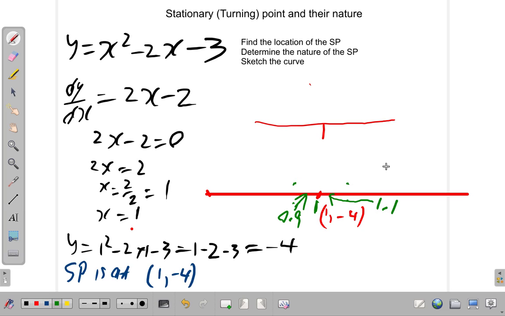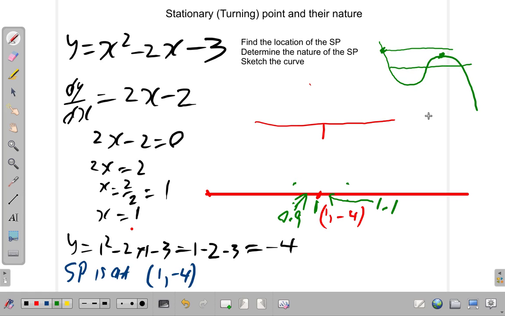We're keeping it safe by choosing a point close to 1, because some graphs, you know, are like this. A graph might be like this, and our stationary point is here. And if we choose a point too far, then we might choose a point above our stationary point or below our stationary point, and we make a mistake there, right?